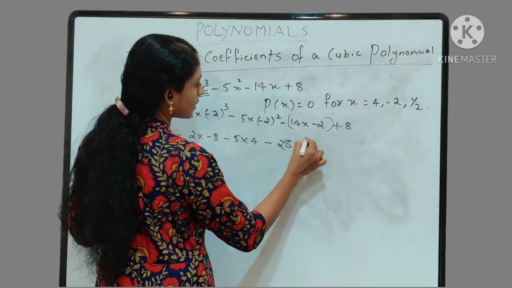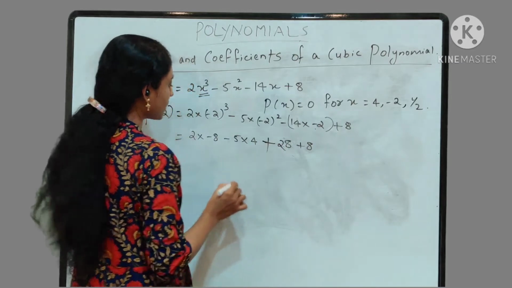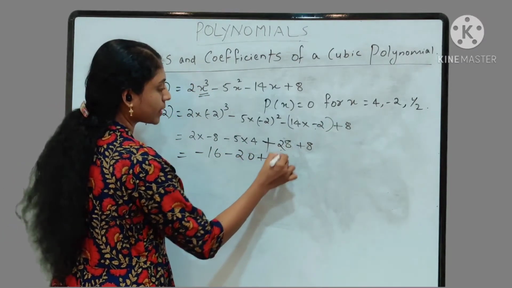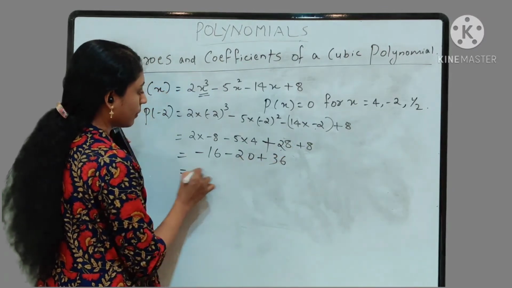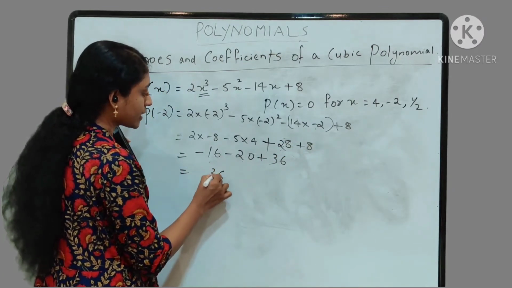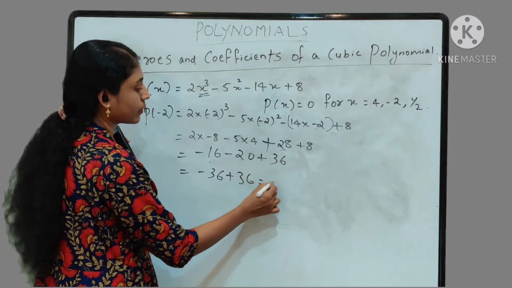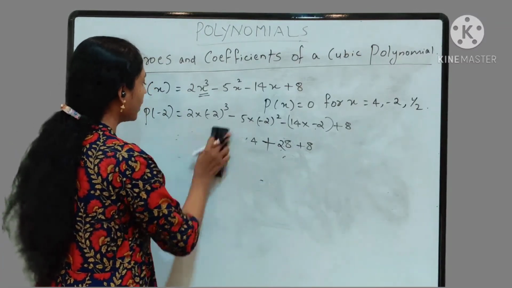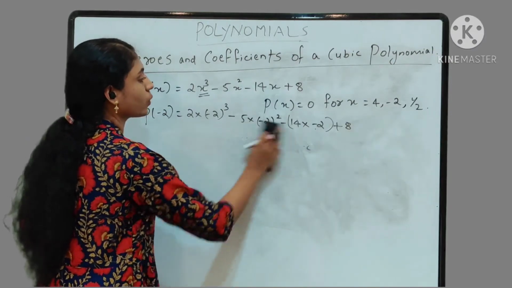And plus 8. Minus 28 minus minus becomes plus. So minus 16 minus 20 plus 28 plus 8, it is 36. Minus 20 plus 16 is minus 36, plus 36 is equal to 0. So for x is plus 4 and minus 2, the p of x is equal to 0.